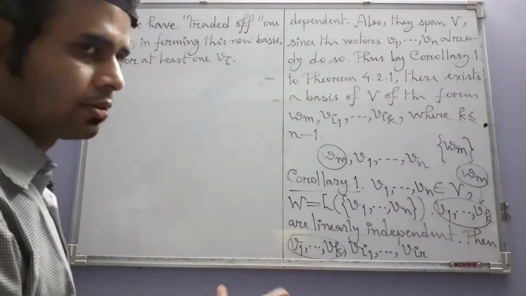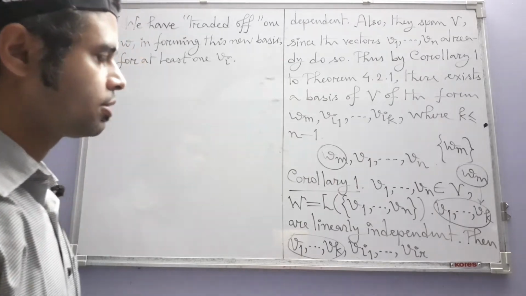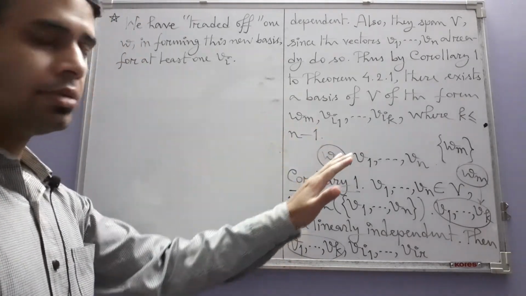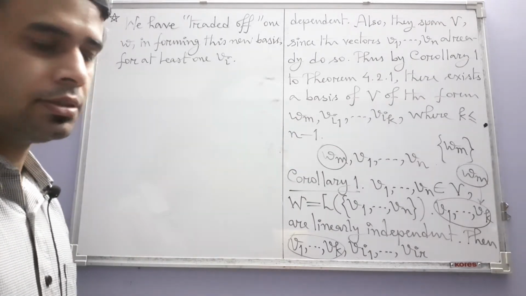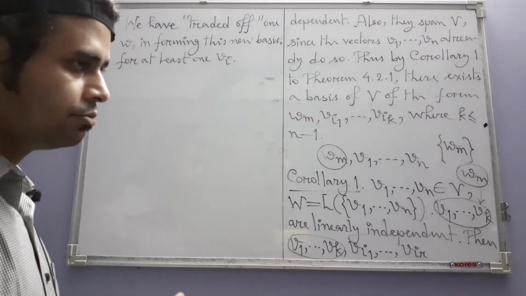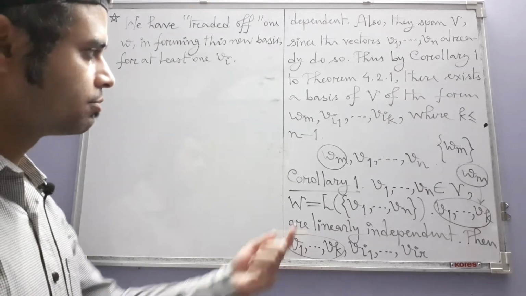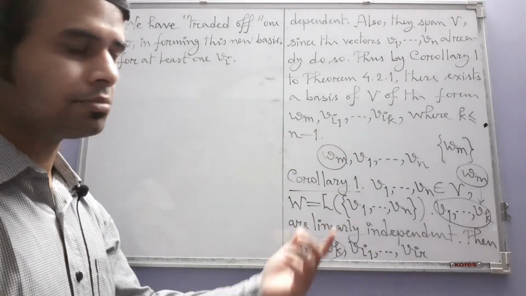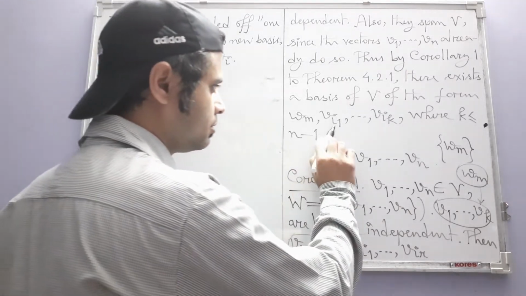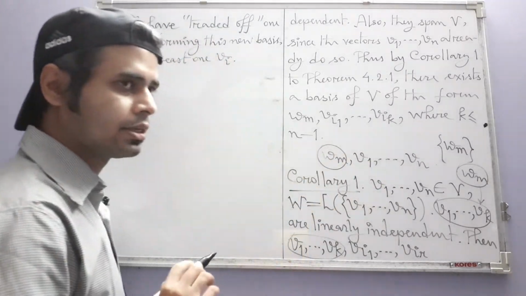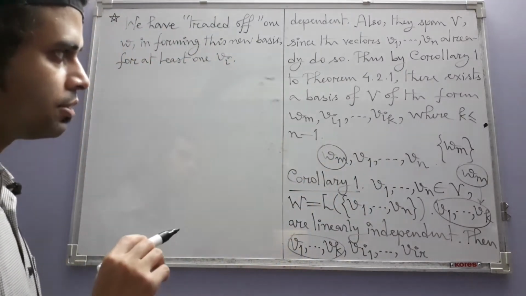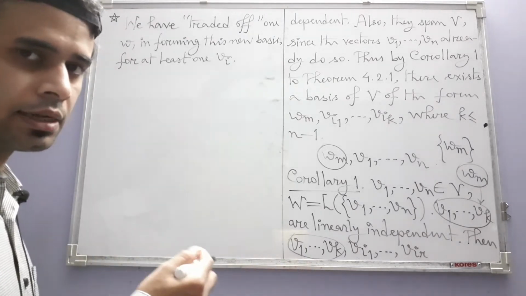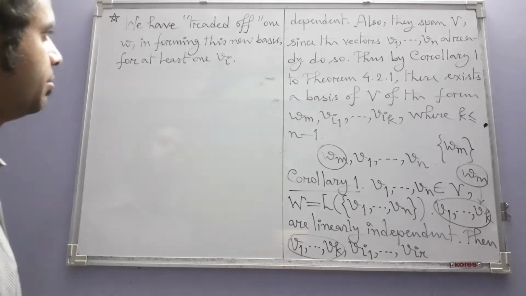One more remark, a notational remark. We have obtained this basis by removing some v's. Since we don't know exactly which vi's are being removed, we don't know what we will be left with ultimately. So we have some suffixes i1, i2, which of course you can clearly understand are from among the n suffixes 1, 2, 3 up to n.